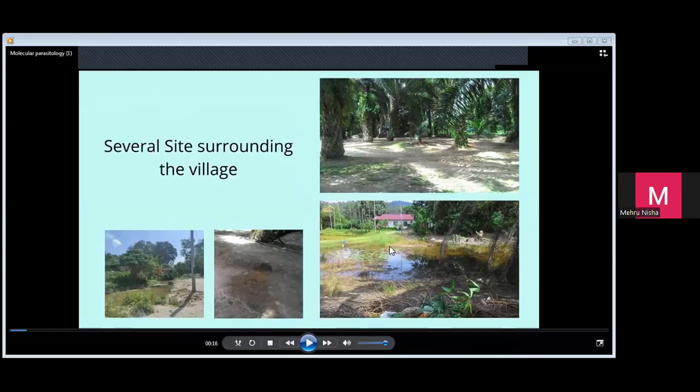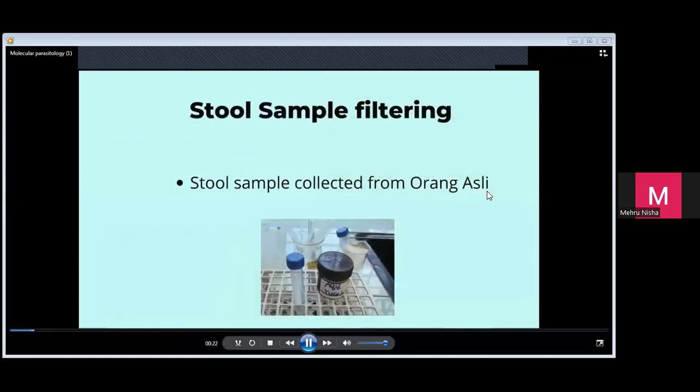We have a lot of wild animals, dogs, and so on, so the soil is indeed contaminated. So around there we take soil, we take stool samples, and we compare, because parasites come from water, soil, and humans themselves.